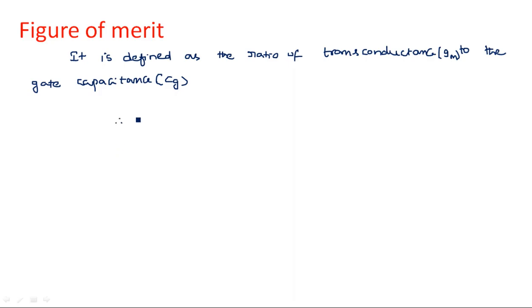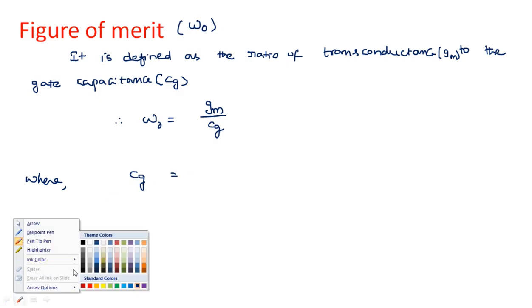Figure of merit is indicated by omega naught. So omega naught is equal to Gm by Cg. What do we mean by transconductance Gm in terms of Cg?